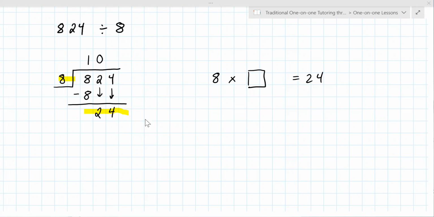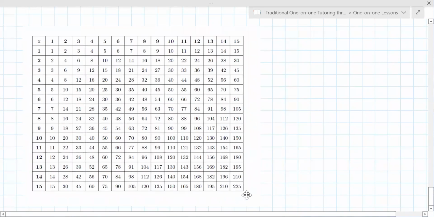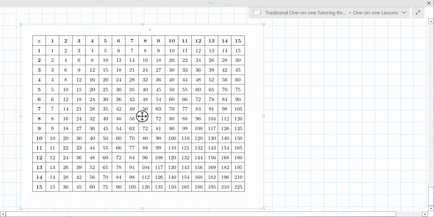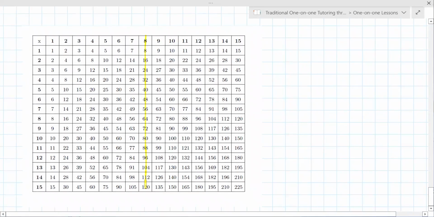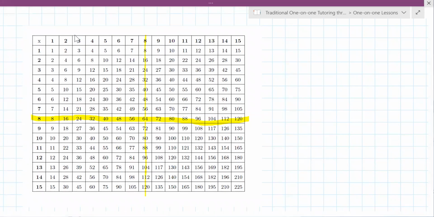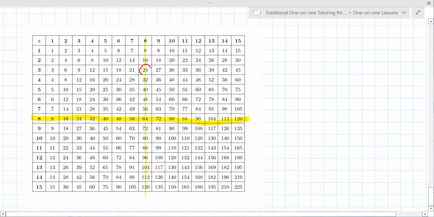Okay, so hopefully you're looking at something similar to this, Michael. And again, the way you use this is you look at the row or the column where there's an 8. So here's an 8. Okay, and here's an 8. Do you see 24 in either row or column? Yes. Okay. So this first one corresponds to 3 and 8.